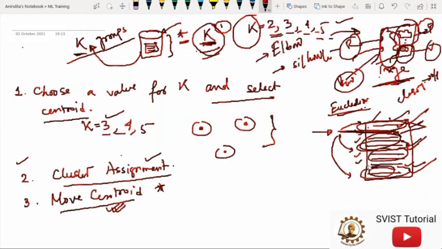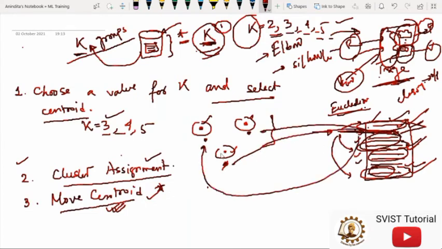Now try to understand, when the centroid position changes, so these are the initial centroids. After applying this formula, the centroid position changes. So again, what we have to do? Again, we have to consider the rest of the points, and find the distance of the points from all these centroids. Then we have to perform reassignment, right?